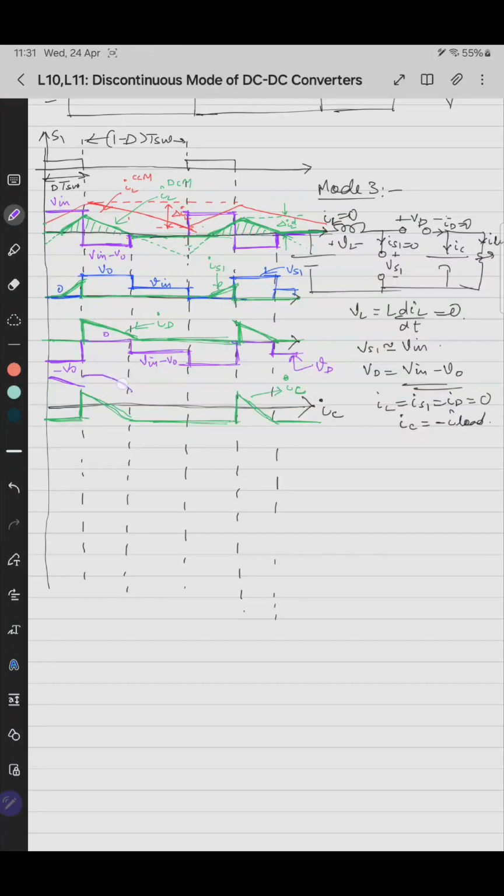So it will be like this. Then again a constant falling ramp, negative, then again a polynomial, so like this. So this will be the ripple nature of V0. This will be delta V0.